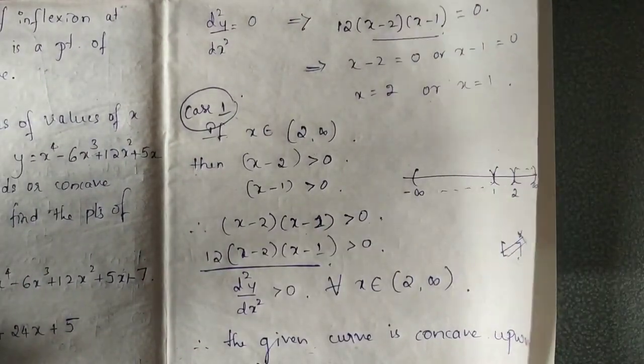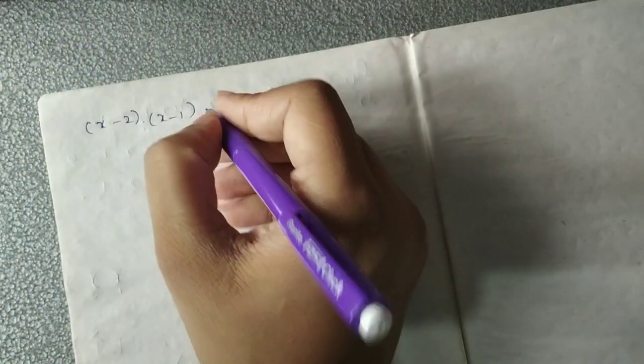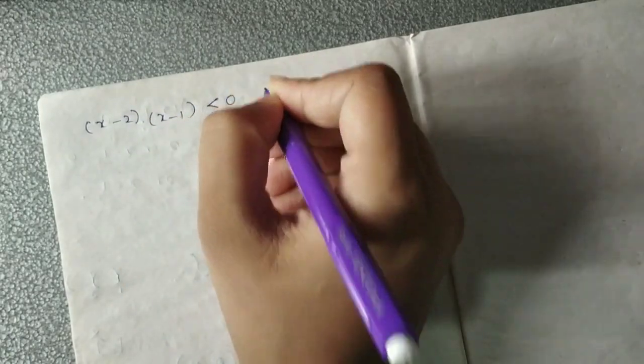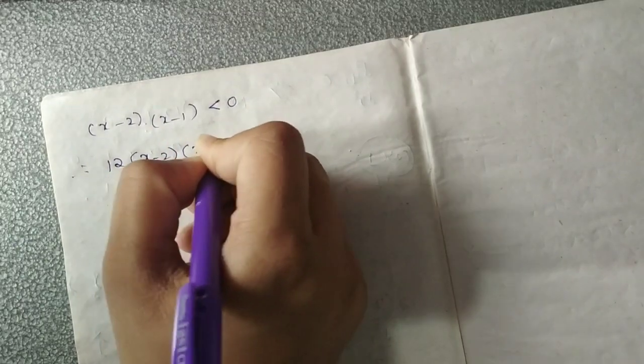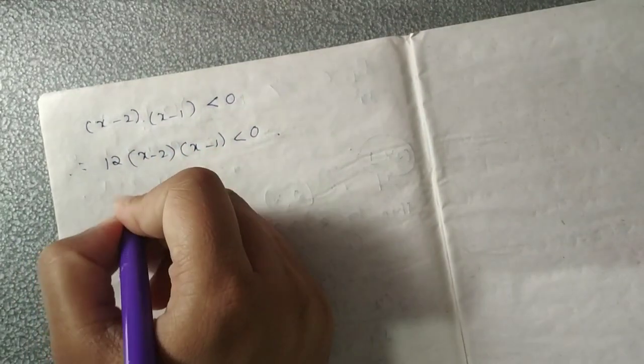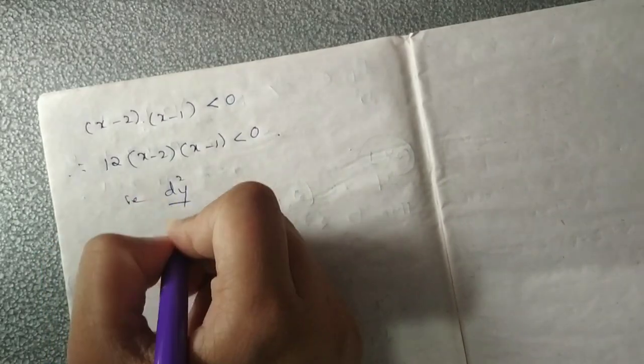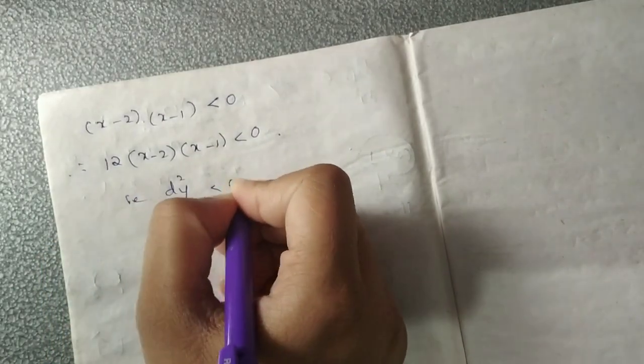Which implies the product x minus 2 into x minus 1 is positive into negative, negative. Therefore, 12 into x minus 2 into x minus 1 is also less than 0. But this is the value of d square y by dx square, which is less than 0.